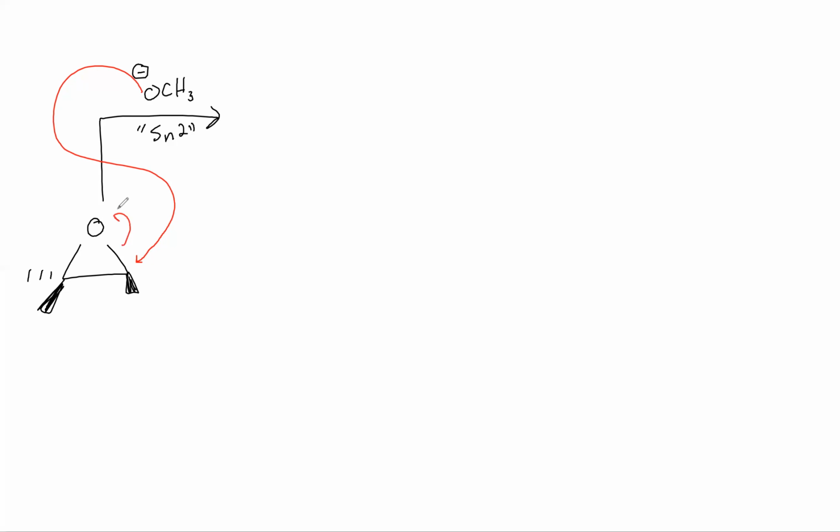And then we'll break off here, and then follow it up by a protonation, and then we will end up with this here. OCH3, oops, this right here, okay? However, if we protonate first, so let me use a different color, we're going to have H+ first.